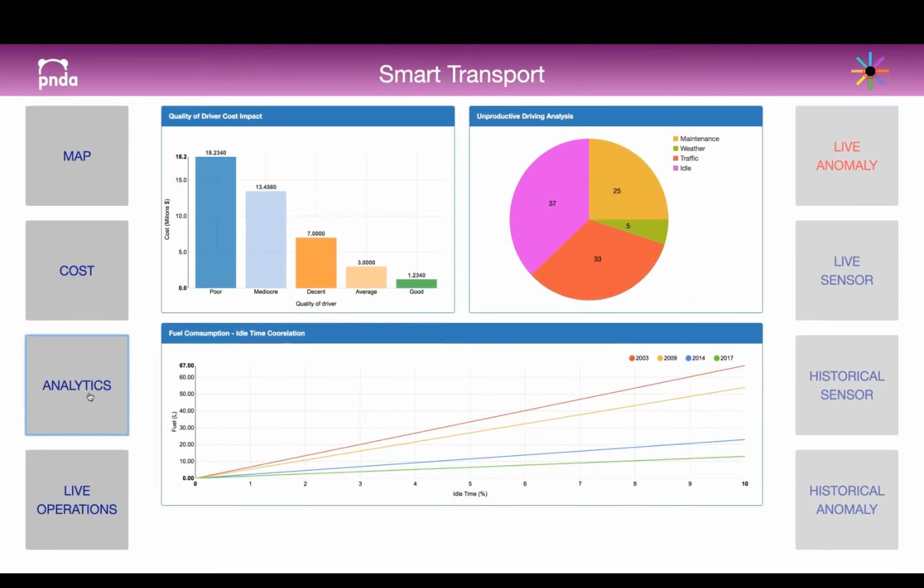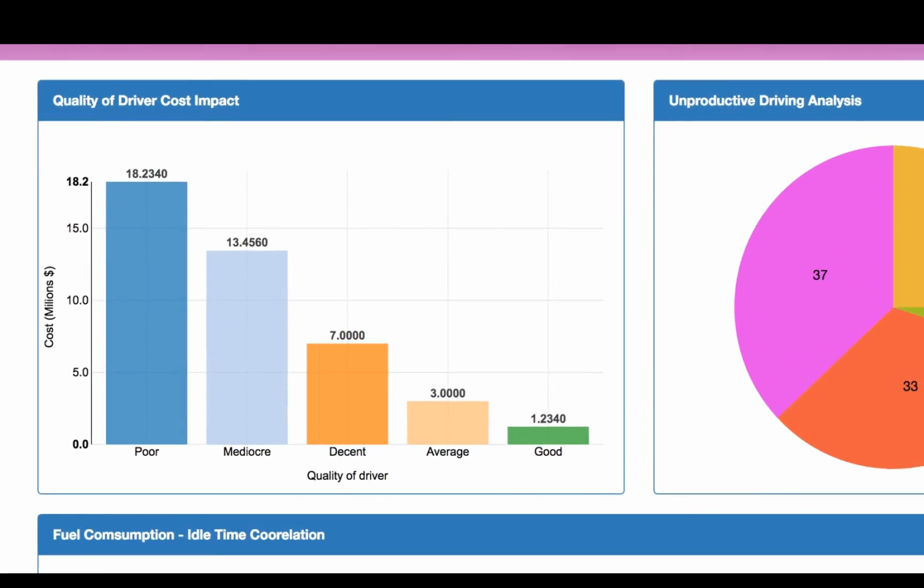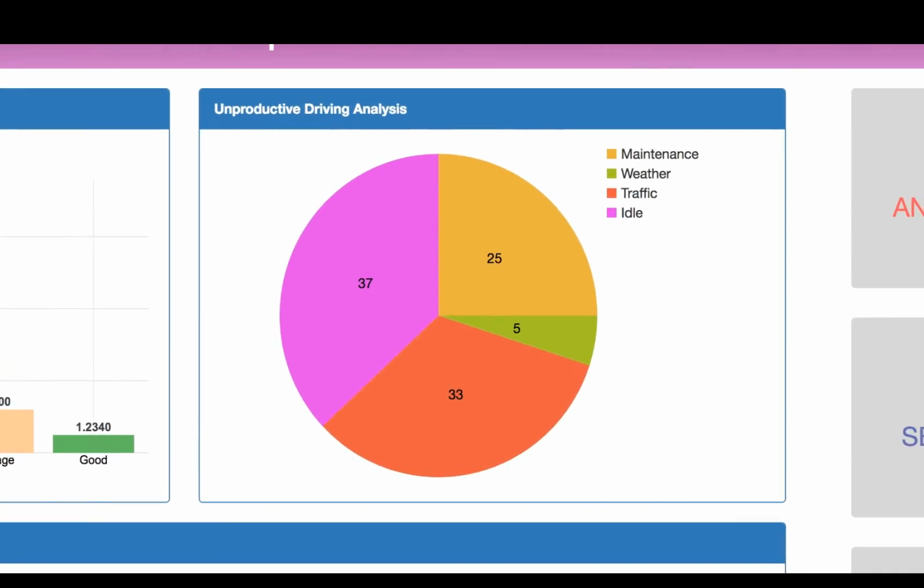These are additional business insights or analysis, not so much focused on the individual anomalies or sensors, but a roll-up and analysis of, given all of the data, what is the cost. And in this case, there is a cost to dealing with poor drivers, and that might be information that's tracked by the automaker and perhaps shared with third parties like insurance companies.